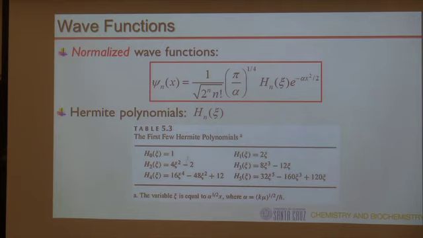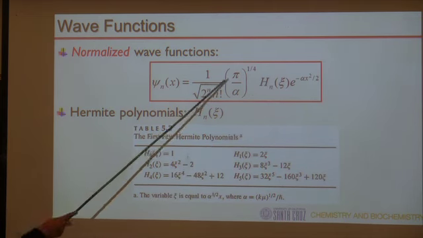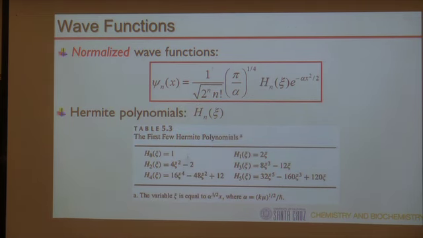So if you substitute this into it and choose different n numbers, you will get the wave function for each state, right? Let me ask you one more question. Which n should we plug in to get the ground state wave function?